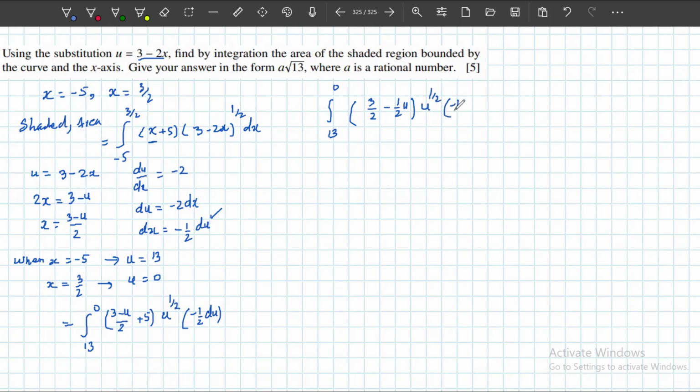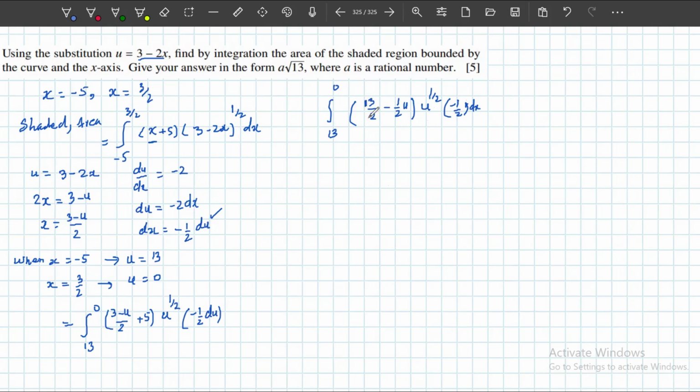Again, next we have minus 1 by 2 du. We simplify further. If you check carefully, 5 twos are 10, and 10 plus 3 is 13.